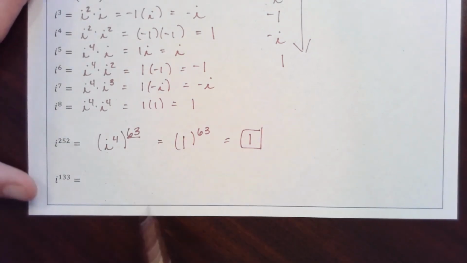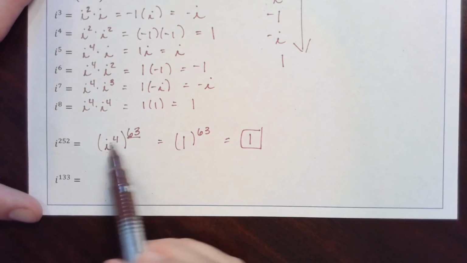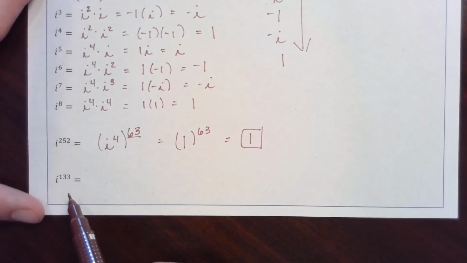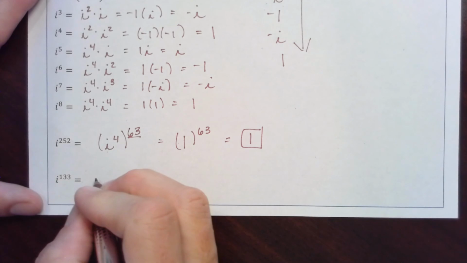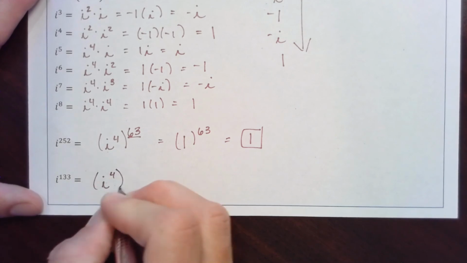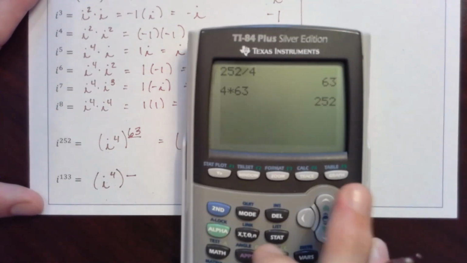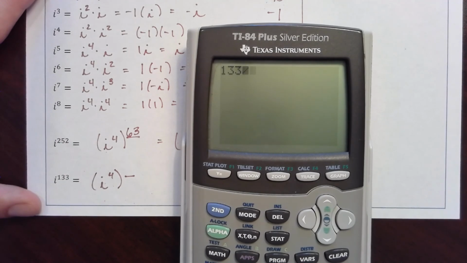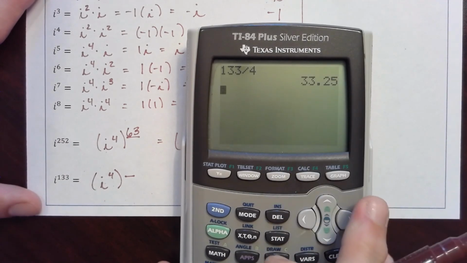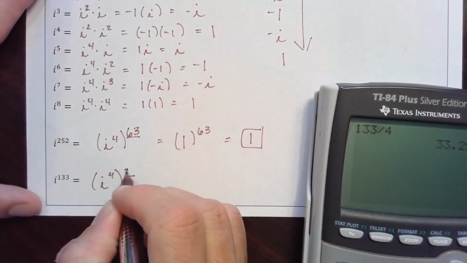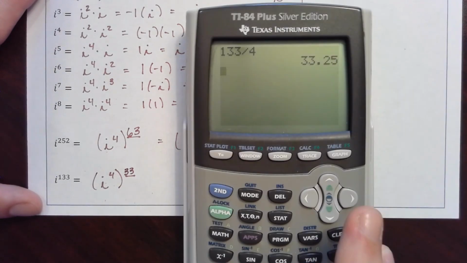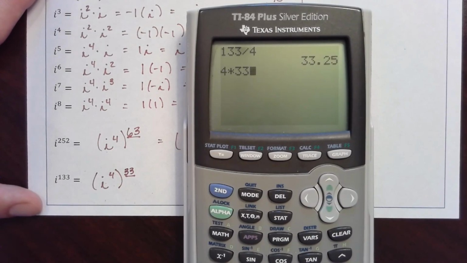So what if it doesn't divide exactly like this one did? How about i to the 133rd power? That's i to the 4th to the what? So we have 133 divided by 4. We know it's around 33. Well, what is 4 times 33?